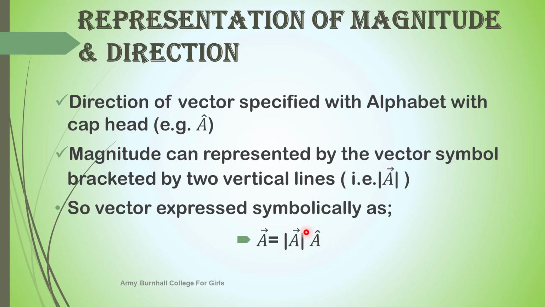The bracketed symbol represents the magnitude of the vector, and the hat or cap represents the direction. So vector A is completely specified by its magnitude as well as its direction. If you only write the magnitude, it becomes a scalar, and we cannot completely specify it without its direction.